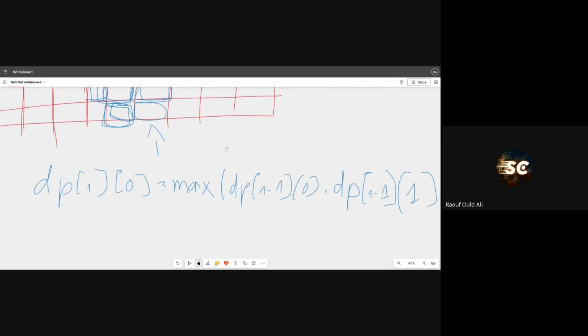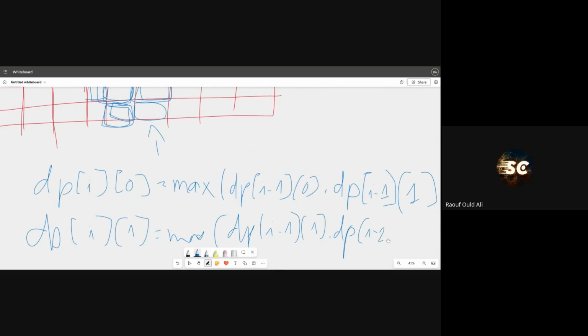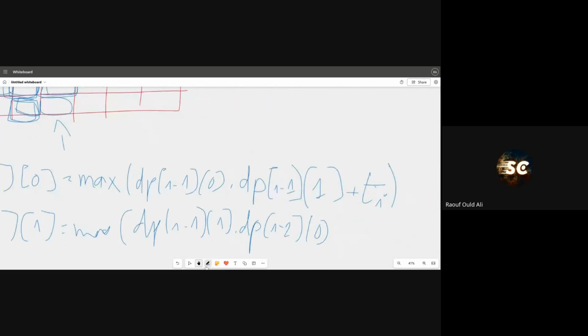And so dp I 1 is equal to the maximum between dp I minus 1 1, or dp I minus 2 0 minus t I. Why minus? Because we are buying, so we are losing money, okay? Does this make sense? Guys, any question?